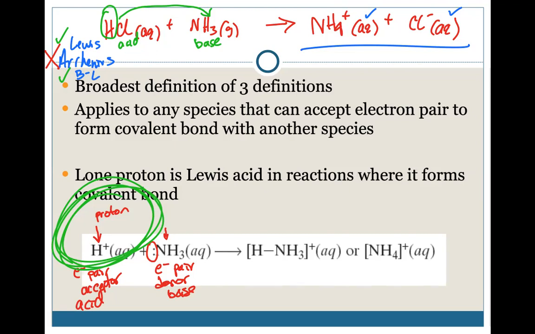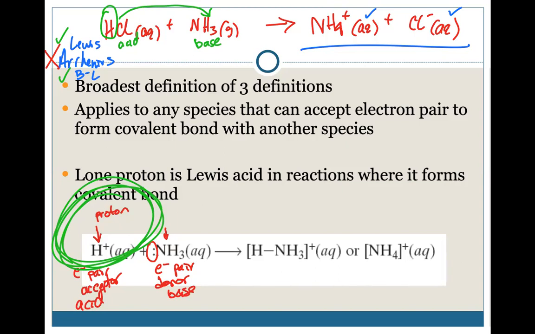It's the same thing I talked about before with Arrhenius and Bronsted-Lowry. All Arrhenius acids are also Bronsted-Lowry acids by definition. Not all Arrhenius bases are Bronsted-Lowry bases, because it's not about accepting protons, it's about increasing hydroxide. Because Arrhenius deals specifically with increasing hydrogen ion concentration, it also applies. Then you can say all Bronsted-Lowry acids and bases are also Lewis acids and bases, but not all Lewis acids and bases are Bronsted-Lowry.